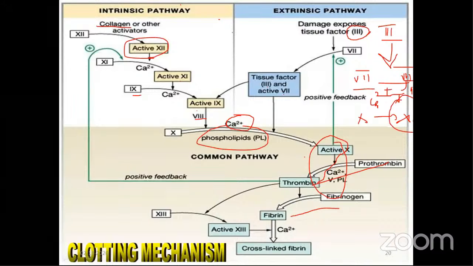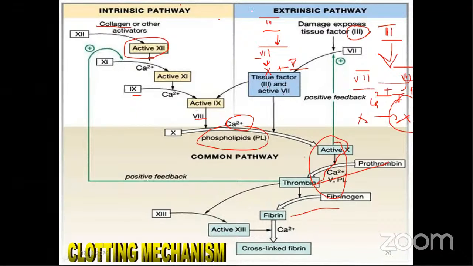So again, to repeat, which are the factors involved in the clotting cascade? The extrinsic pathway involves factor number 3, factor number 7, factor number 10, and activated factor 10 combines with factor number 5 to form the prothrombin activator. Now let us look at the intrinsic pathway.